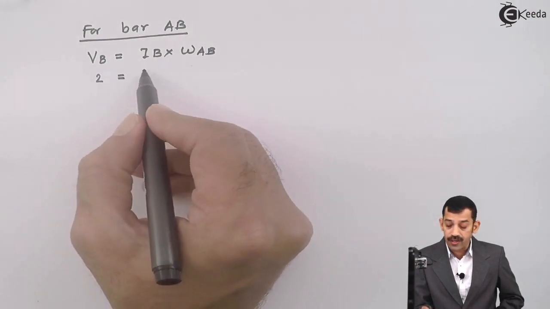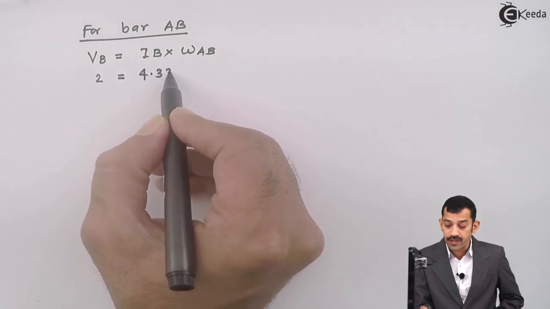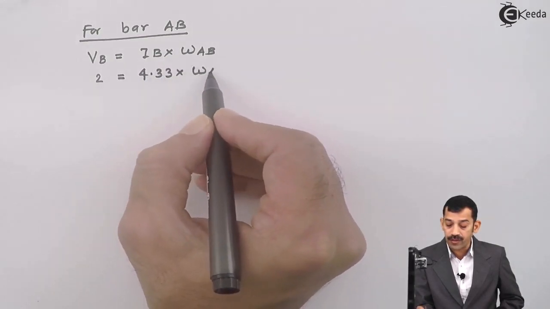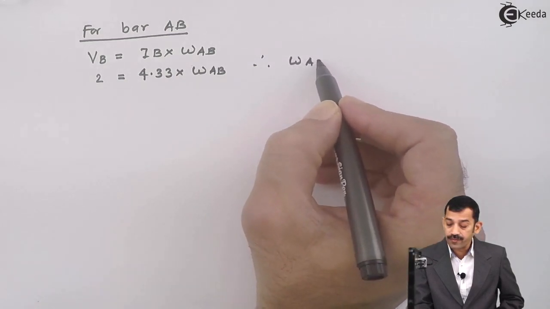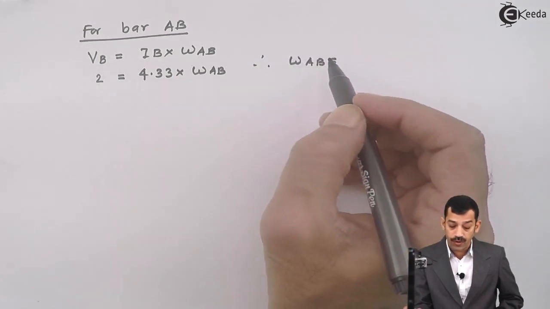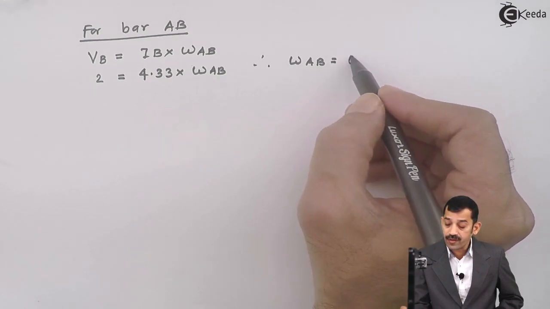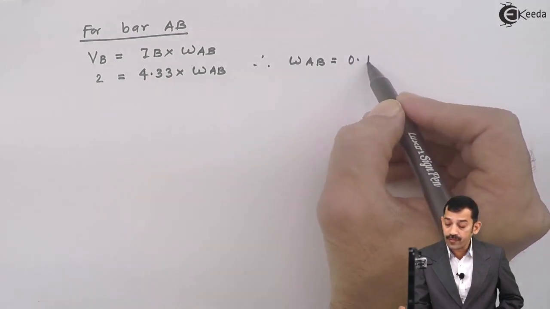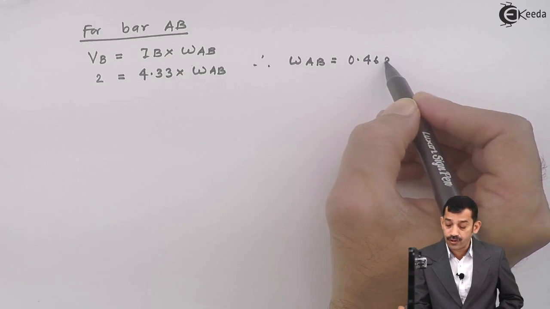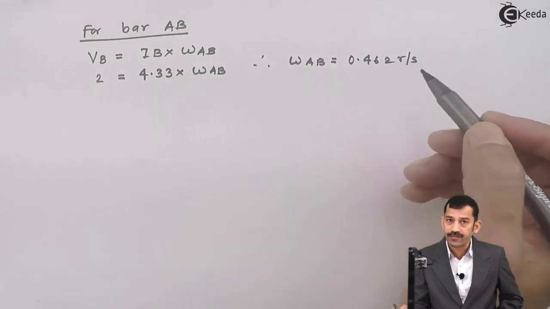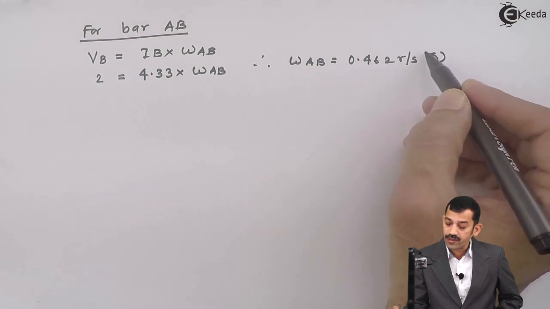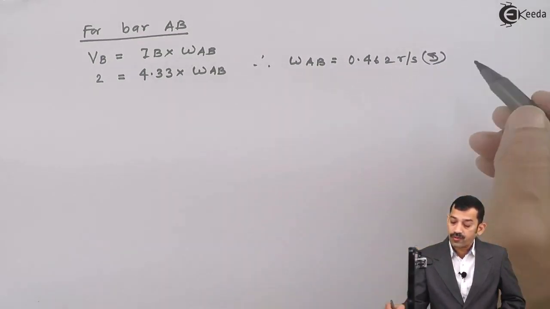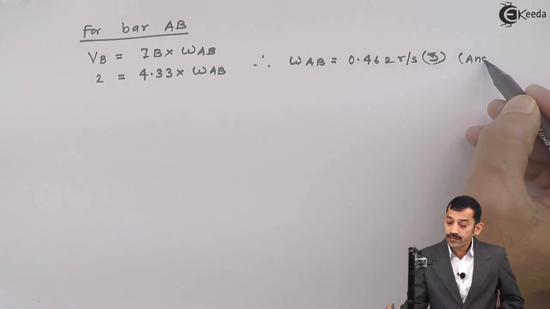IB length we have calculated, that is 4.33 meters into omega AB. That means omega AB equal to 2 upon 4.33. This answer comes out to be 0.462 radians per second. Direction of omega is already represented in figure. This one is anti-clockwise. This is your first answer.